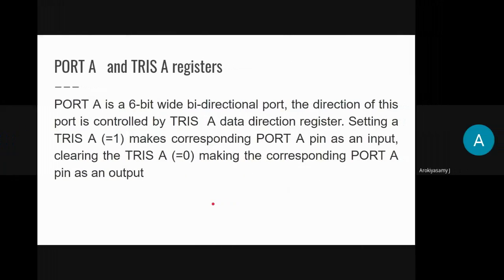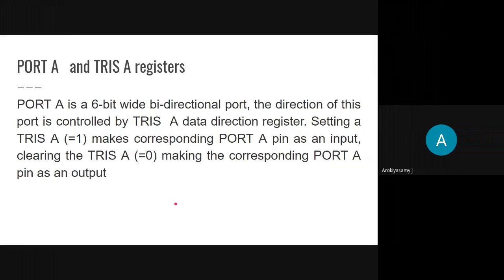So this slide shows you port A and the TRISA register. What is TRISA? TRIS means tri-state registers. There are tri-state registers for each port. There are 5 ports in the PIC microcontroller, and for the 5 ports, tri-state registers are provided, shortly called TRIS registers.